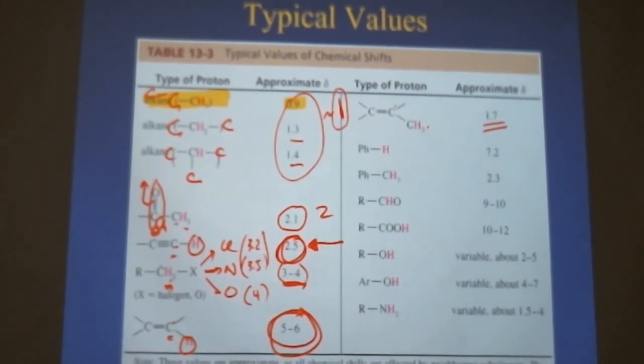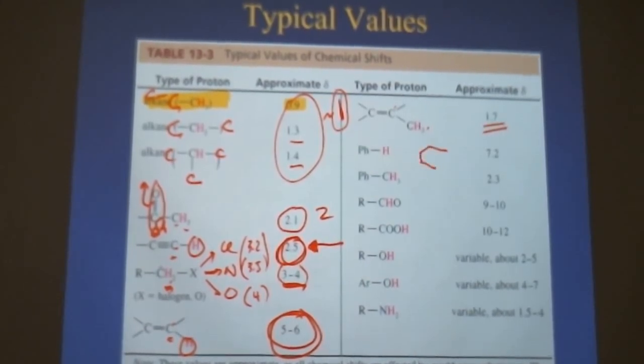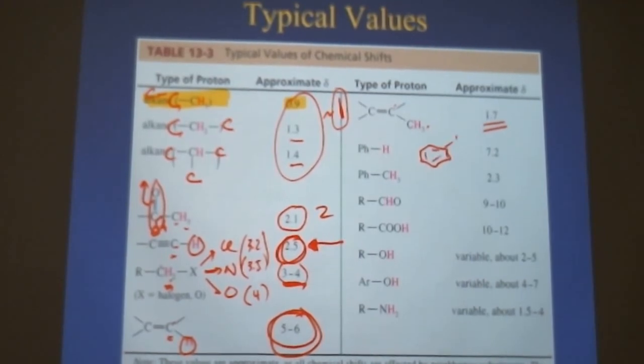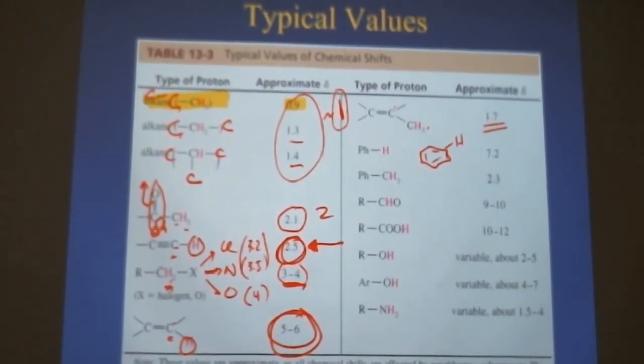A hydrogen directly attached to a benzene. This is your typical aromatic region. Therefore, between 7 and 7.5. Those are aromatic hydrogens, almost all.